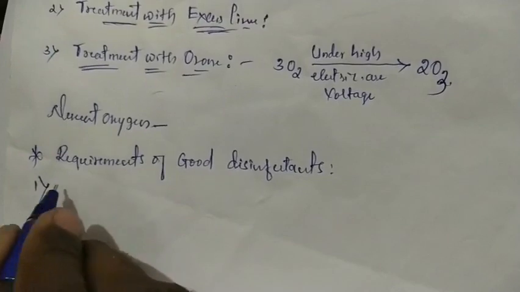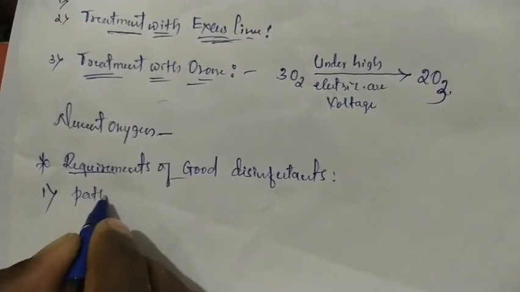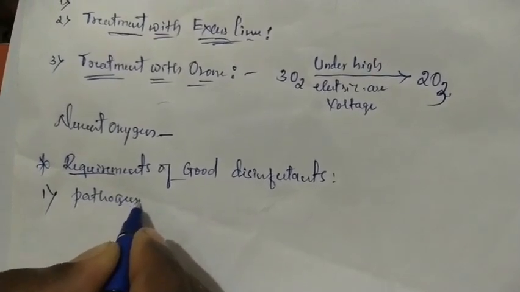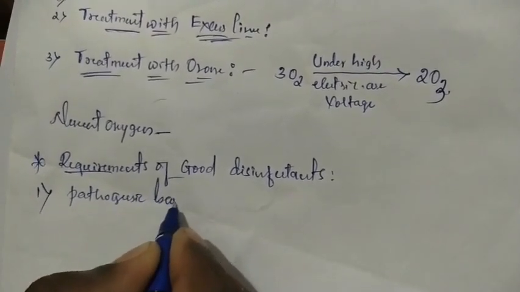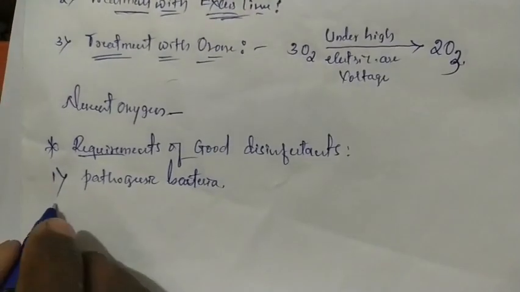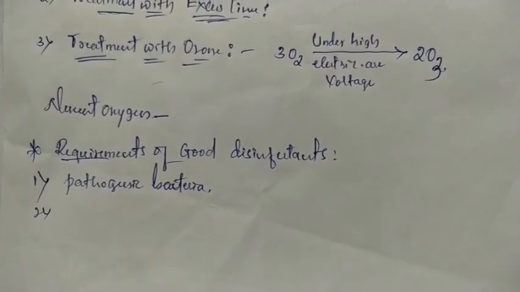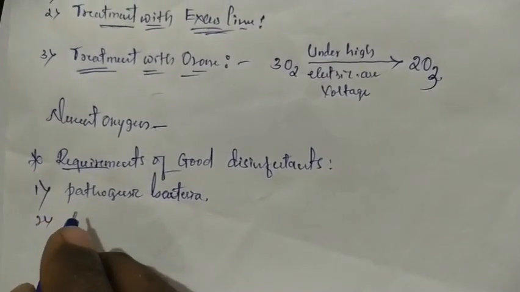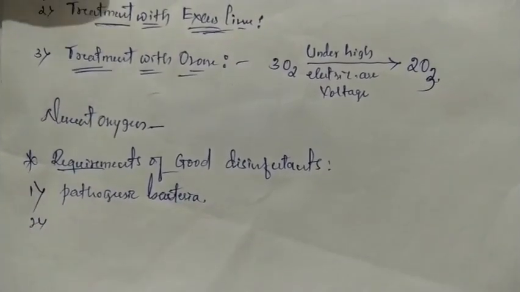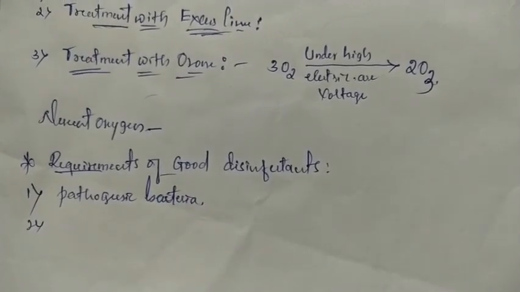It should kill all types of pathogenic bacteria present in the water. Second, it should not take more time in killing bacteria, meaning time consumption is less. Within a short period of time it may kill the pathogenic bacteria present in the water.